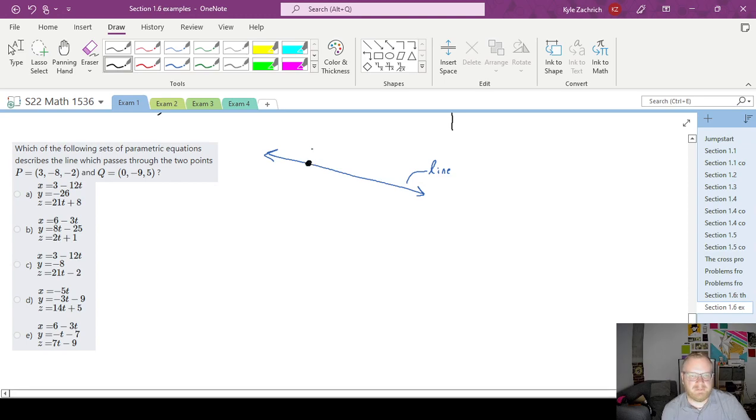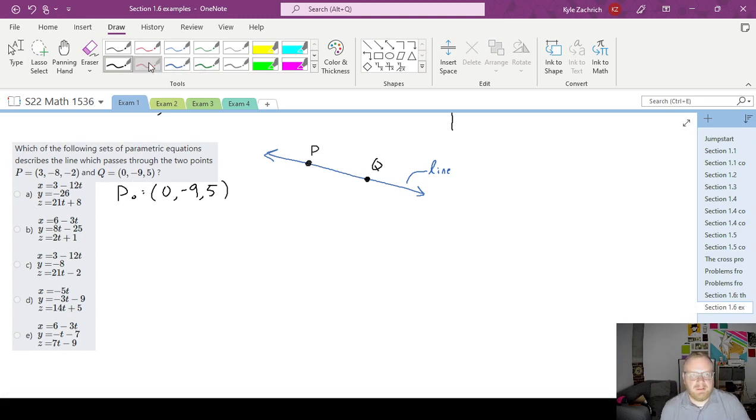So here's P, here's Q. Let's use Q as our P naught, because why not? Right, because that's a point on the line, so why not use it?